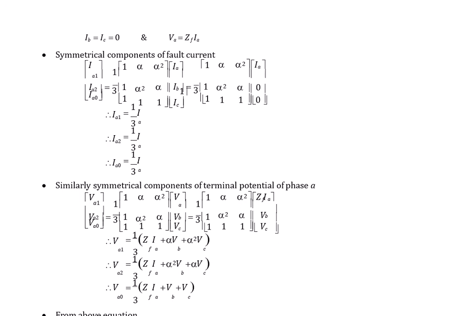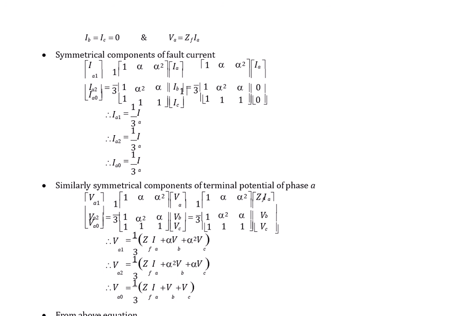We already assumed that there is no current other than the fault current, so the line currents IB and IC are zero. Only the fault current is present in phase A. Then VA is equal to ZF into IA.